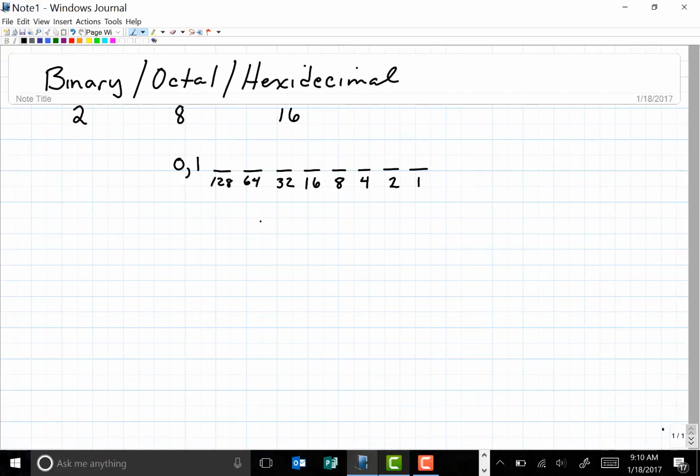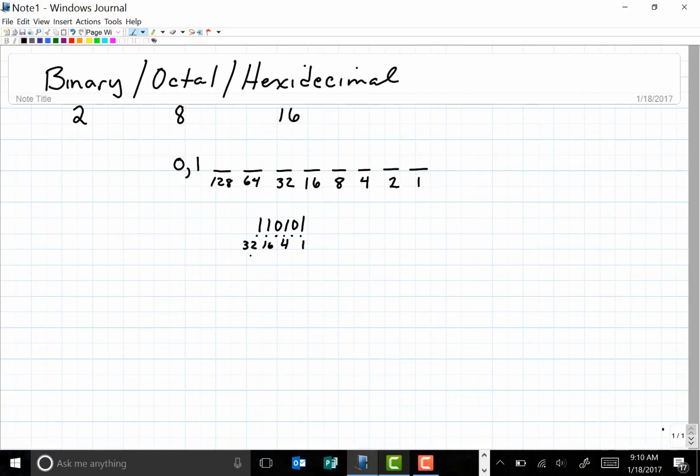So for example, if I have the number 110101, then I know that the first digit is the 1s, then the 2s, the 4s, the 8s, the 16s, and the 32s. So I have a 1, I don't have any 2s, I have a 4, I don't have any 8s, I have a 16, and I have a 32.